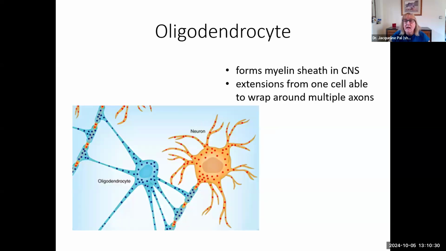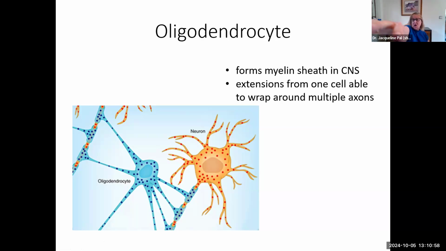The third type of cell we're going to talk about in the central nervous system is called the oligodendrocyte. So say that word, oligodendrocyte. And this is the cell that's responsible for forming what is called the myelin sheath in the central nervous system. As you can see, the oligodendrocyte has multiple extensions, and it can send these extensions to multiple different neurons.